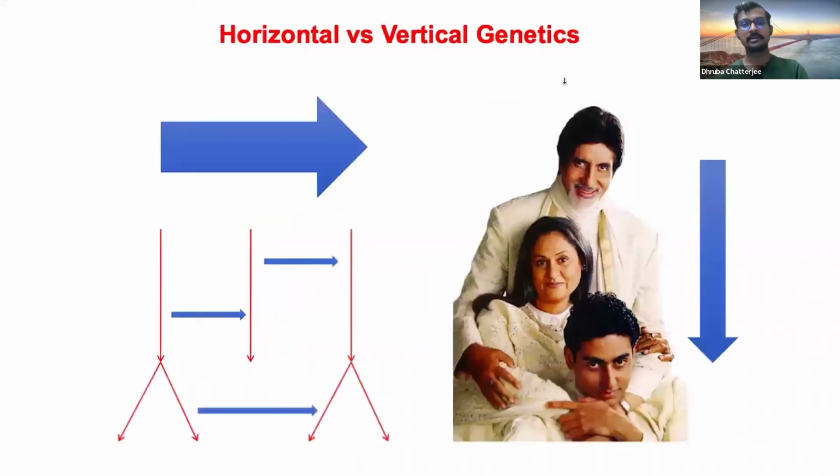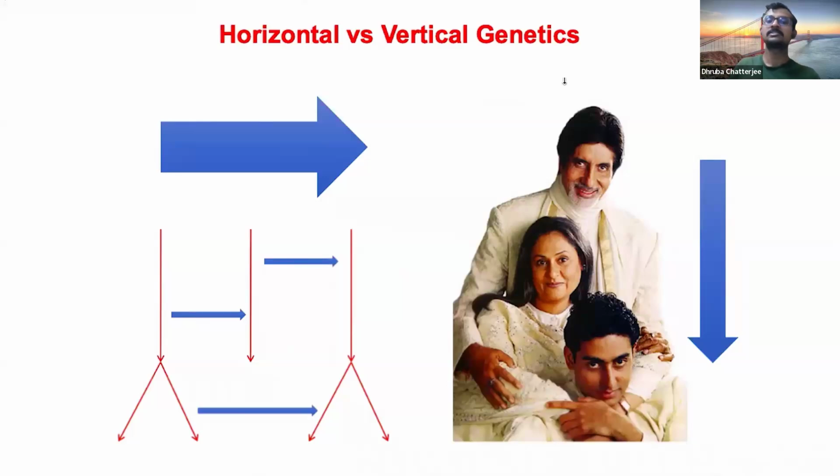Okay. So one more interesting point, which is in contrary to Mendelian genetics. There is something called horizontal gene transfer. So there is vertical gene transfer and there is horizontal gene transfer.